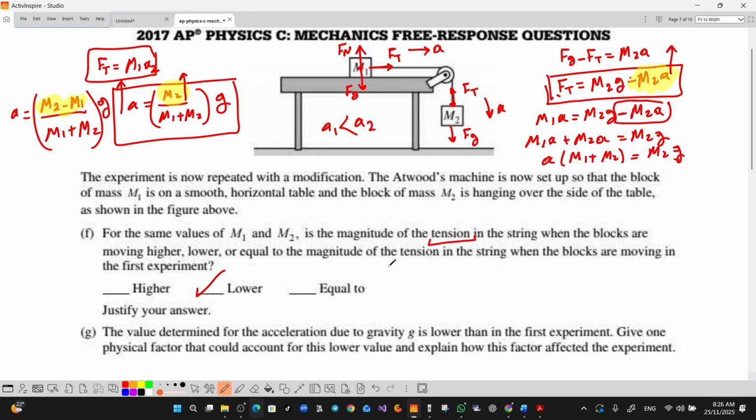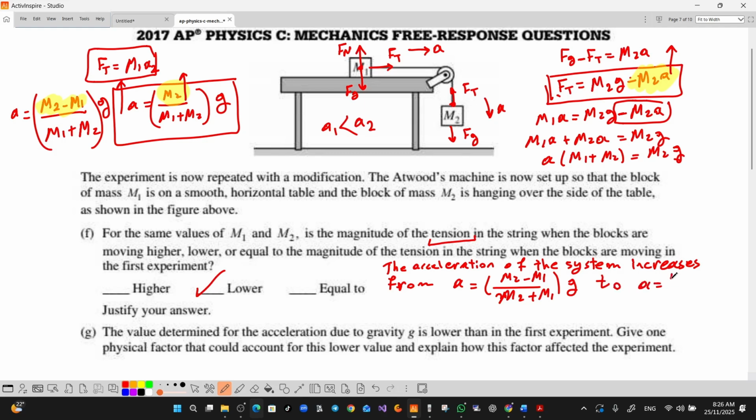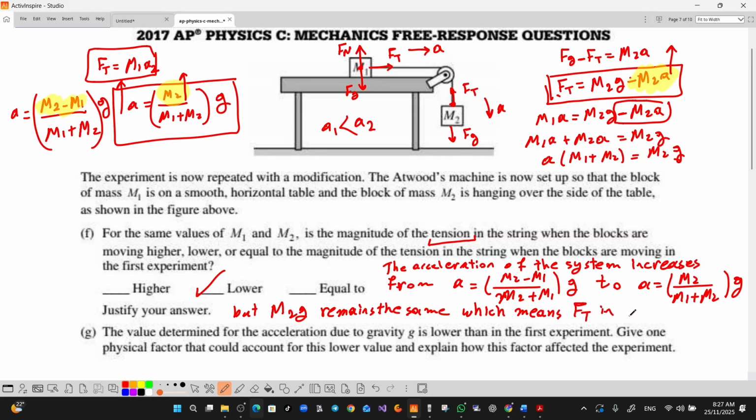We can justify it by saying that the acceleration of the system increases from a equals M2 minus M1 over M2 plus M1 times g, to acceleration equals M2 over M1 plus M2 times g. But M2g remains the same, which means Ft in the string decreases.